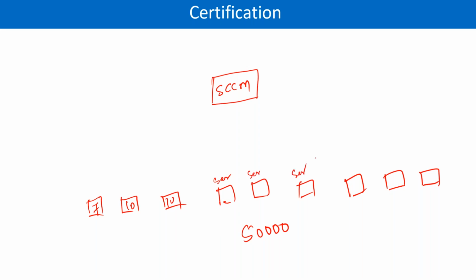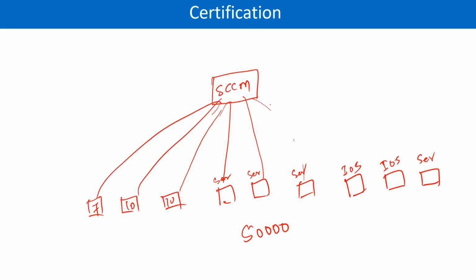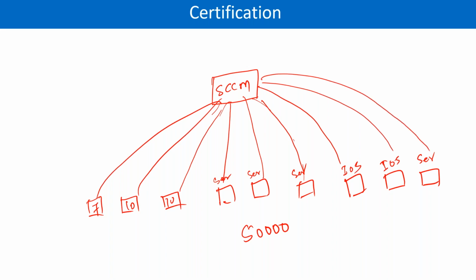Some devices are iOS devices, right? Mac operating system, right? So you can control these systems. You will have complete control on all these, you can control all these 50,000 devices from the SCCM server. So you can do whatever you want to do on these machines, right?